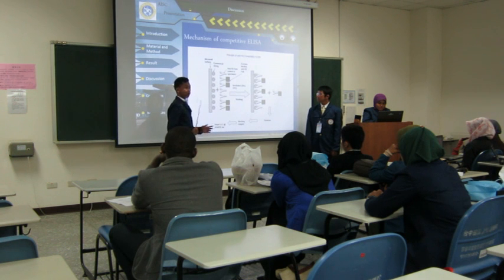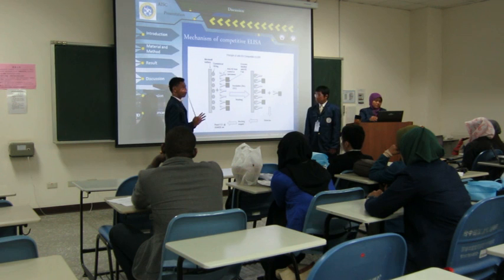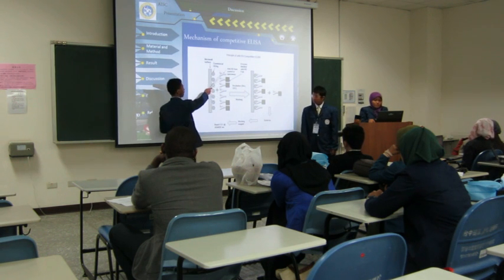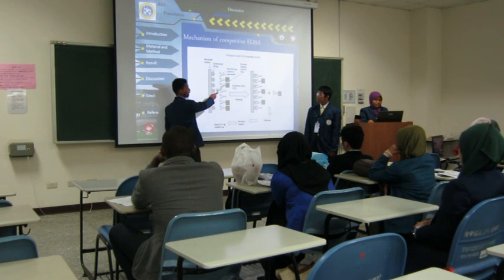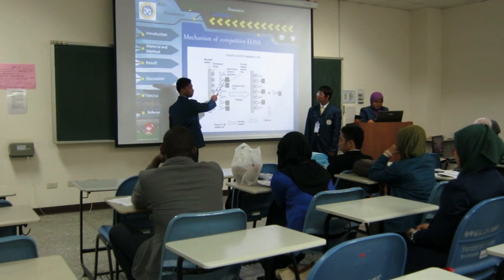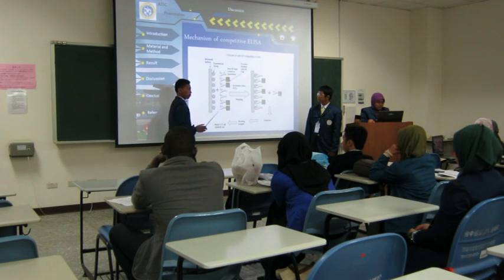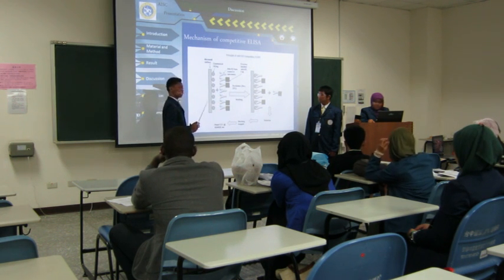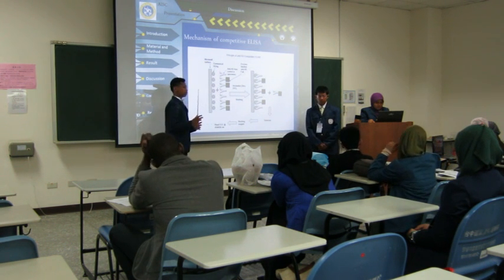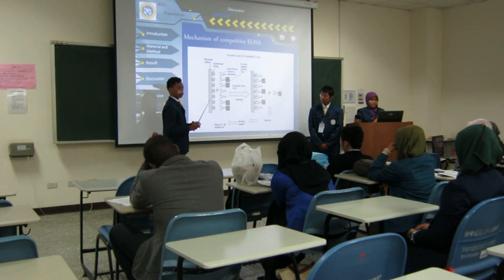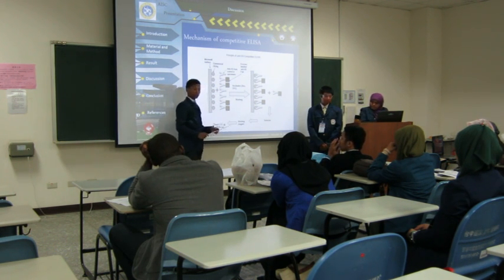Sample and reagent have antibody, but they have some difference. The antibody in the sample is without enzyme, but the antibody in the reagent is with enzyme. With the enzyme, the enzyme makes a color reaction that will be measured by spectrophotometry.